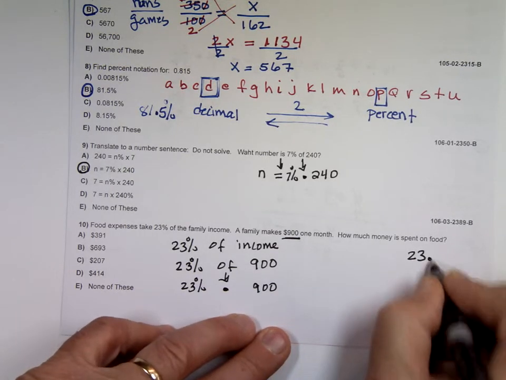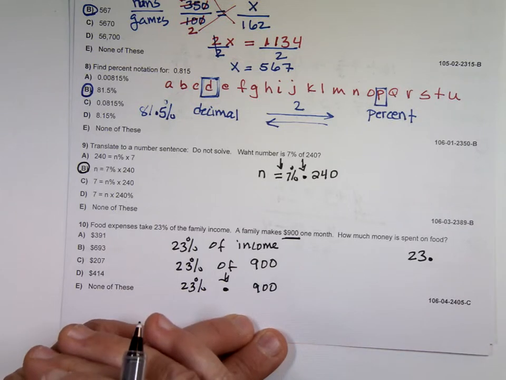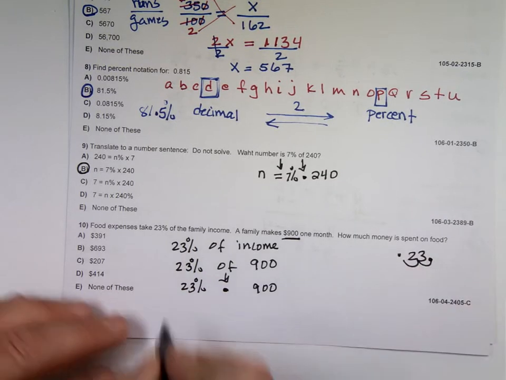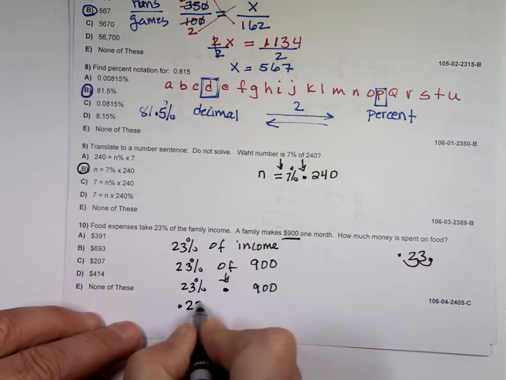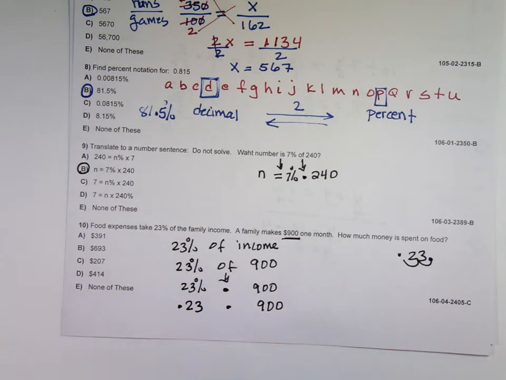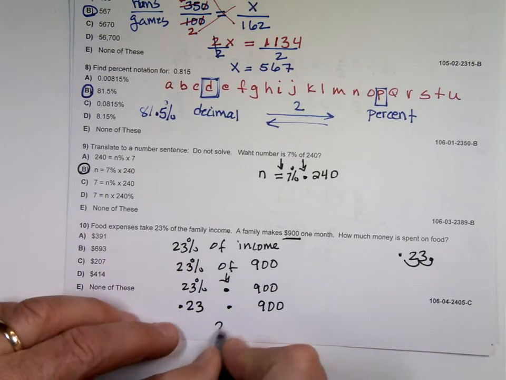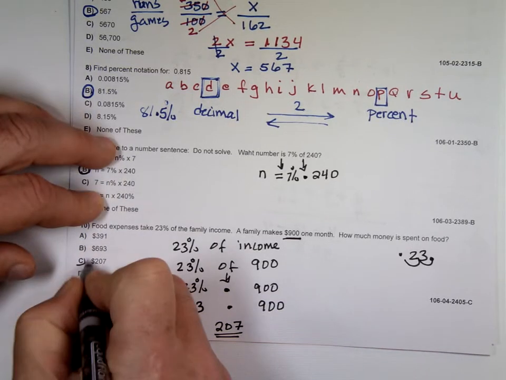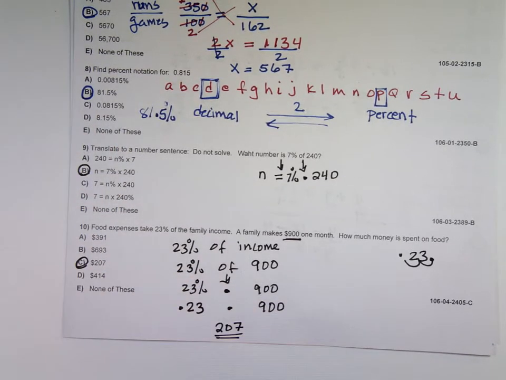If it's at the end, we don't put it. So you have to move it 2 places. 1, 2. That number becomes what? 0.23 times the 900. If you do the math, that's 207. So the family is going to spend $207 that month on food.